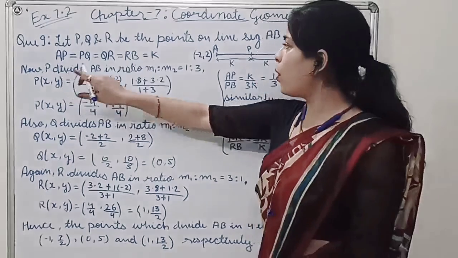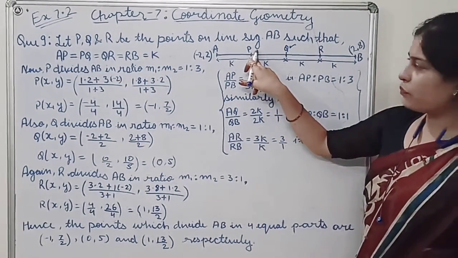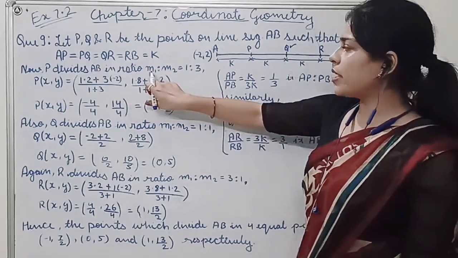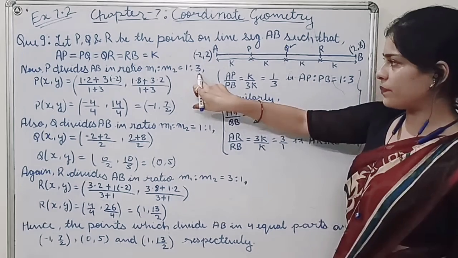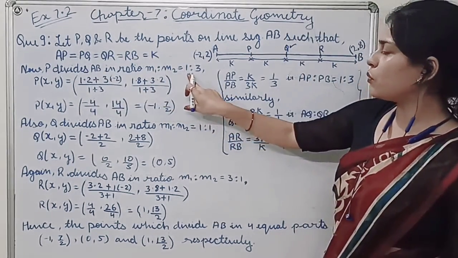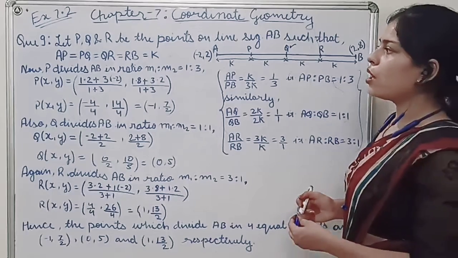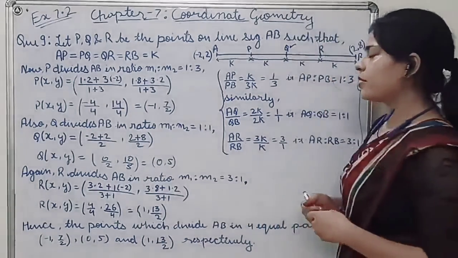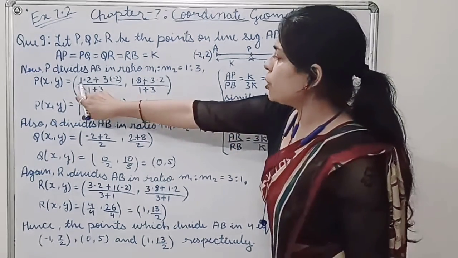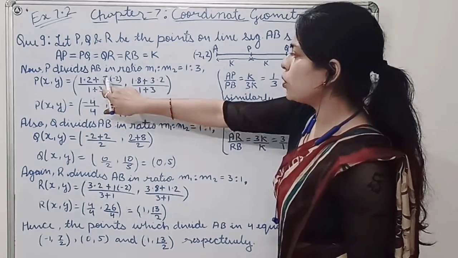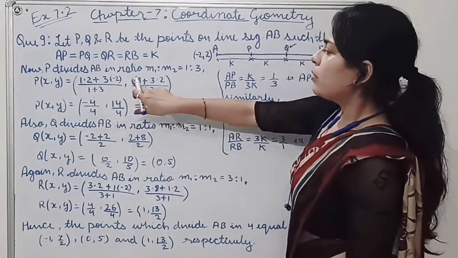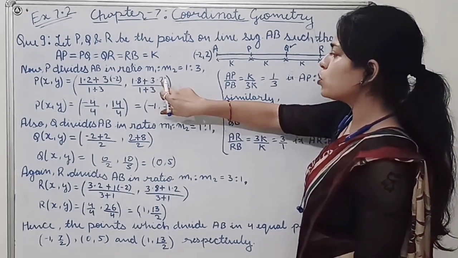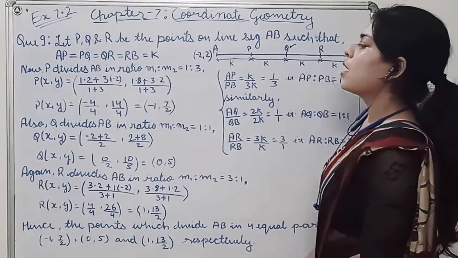Okay, now for the coordinates of P, we will first use the section formula. P divides AB in the ratio M1 is to M2, that is 1 is to 3. Okay, P is dividing AB in the ratio 1 is to 3. So using the section formula, the coordinates of P, which is (x, y), will be given by (M1 x2 plus M2 x1) upon (M1 plus M2) for the x coordinate, and (M1 y2 plus M2 y1) upon (M1 plus M2) for the y coordinate.